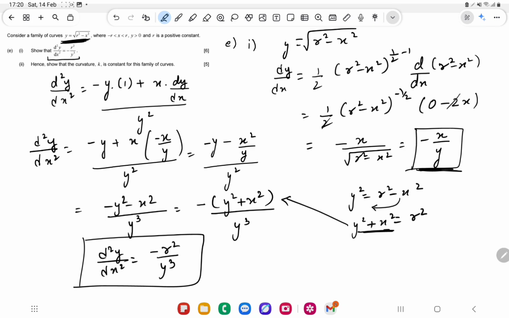Now for the second part, it says show that the curvature k is a constant for this family of functions. Now for this we can substitute in the k of x function the value of the first dy by dx and then the value of d2y by dx square. So I will be writing the k of x function here.